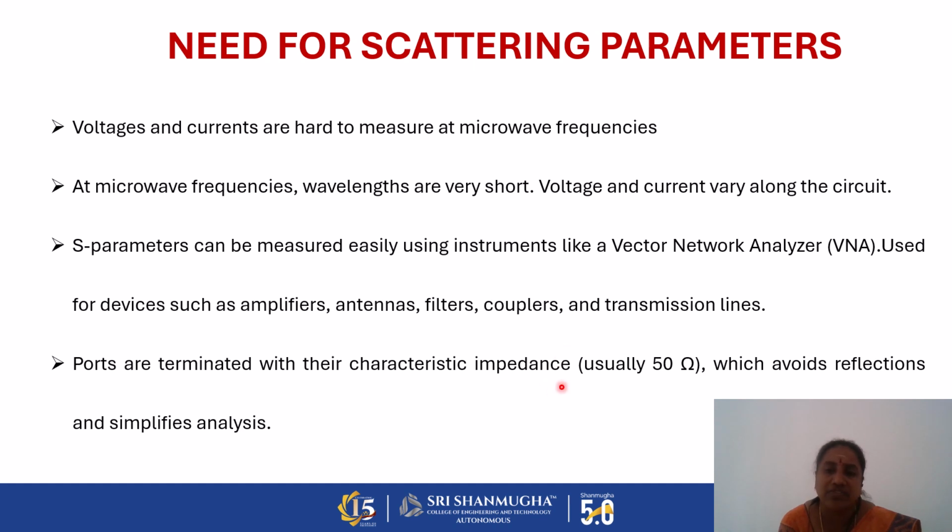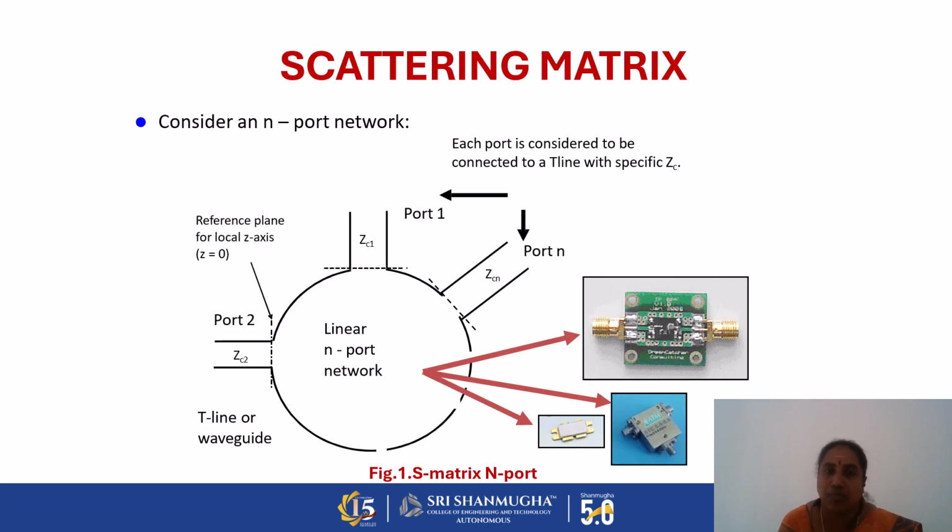Next, based on the number of ports present in the microwave components, we can calculate separate S parameters for the microwave devices. For example, in the previous slide I discussed the isolator and circulator components. An isolator is a two-port device, so its S parameter calculation is different.